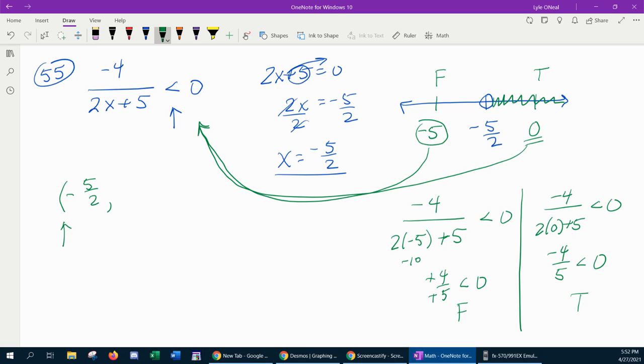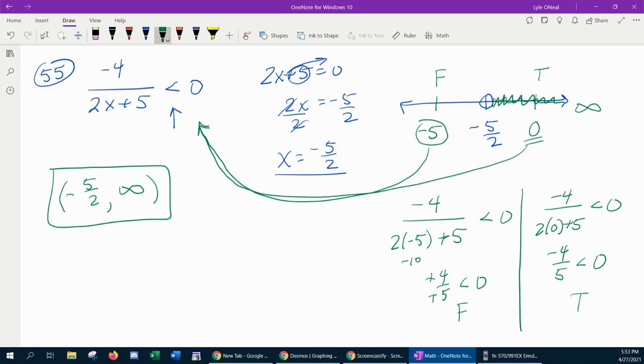Remember, we use a parenthesis since it's an open circle. If it would have been a solid dot, we would have used a bracket. So negative 5 halves, notice that this shaded region goes to infinity. And so that's going to be to infinity, and that is our answer.